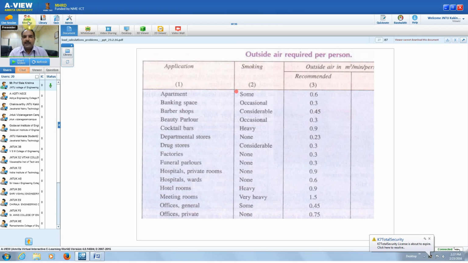Suppose it's an apartment with a smoking area, then the outside air in meter cube per minute per person recommended is 0.6. Like that, there is banking space, barber shops, beauty parlor, cocktail bar, and like this way you can take the values depending upon the application also.